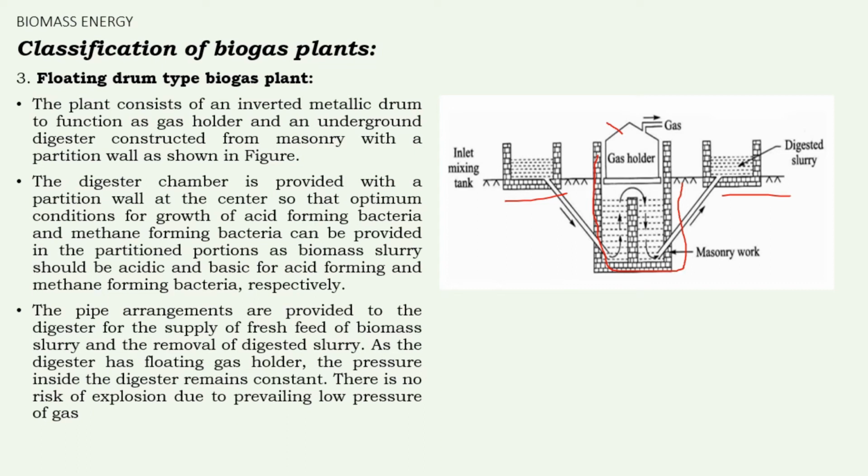Here you can see we have a partition for the smooth movement of the slurry. The digester chamber is provided with a partition wall at the center so that optimum conditions for the growth of acid forming bacteria and methane forming bacteria can be provided in the partitioned portions, as the biomass slurry should be acidic and basic for acid forming and methane forming bacteria respectively.